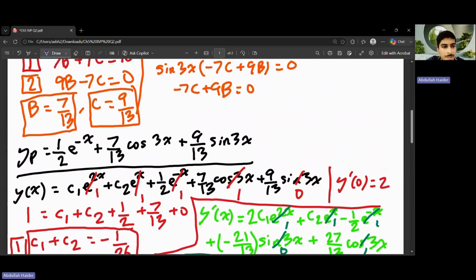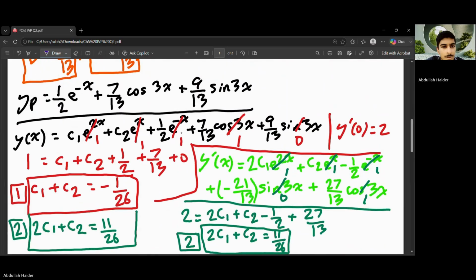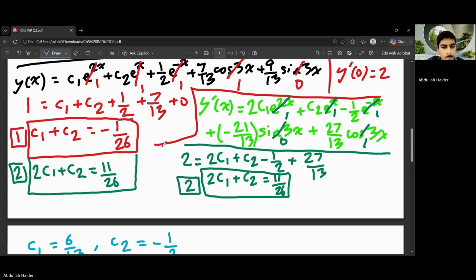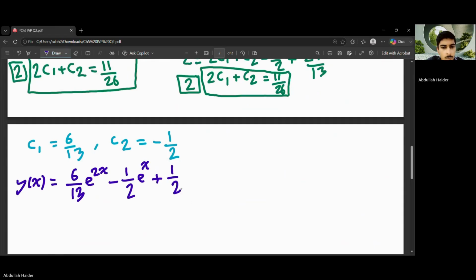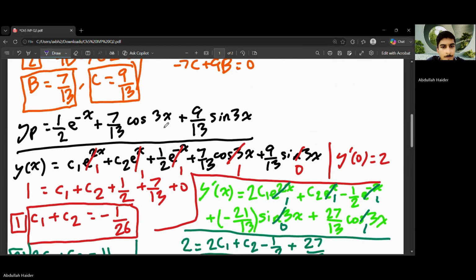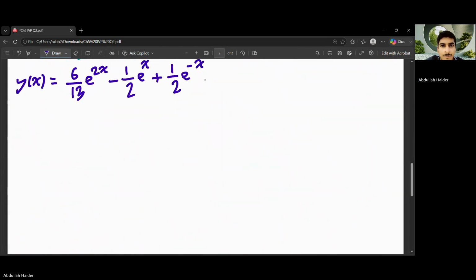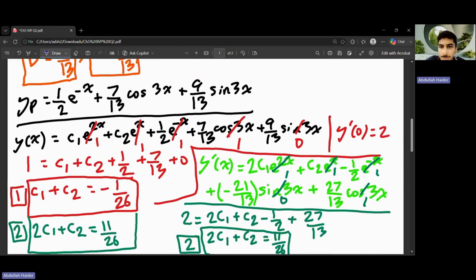And you write the yp as it is: one over 2 e power minus x plus 7/13 cos 3x plus 9/13 sine 3x.